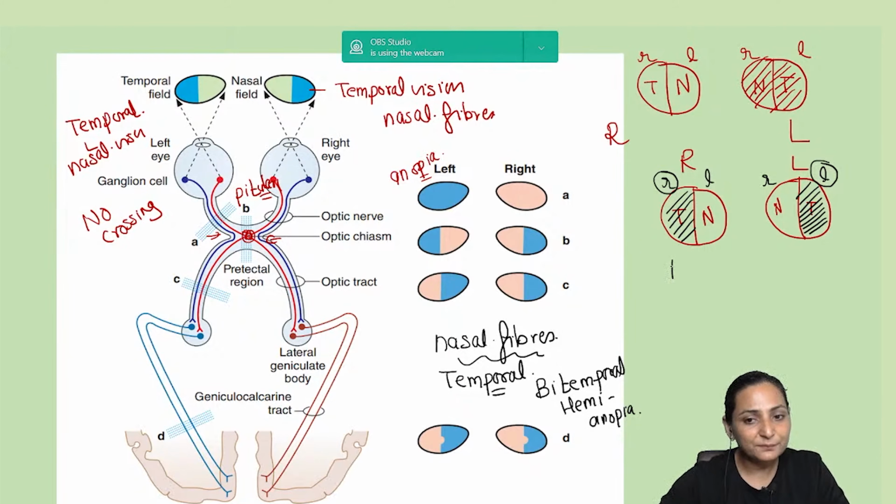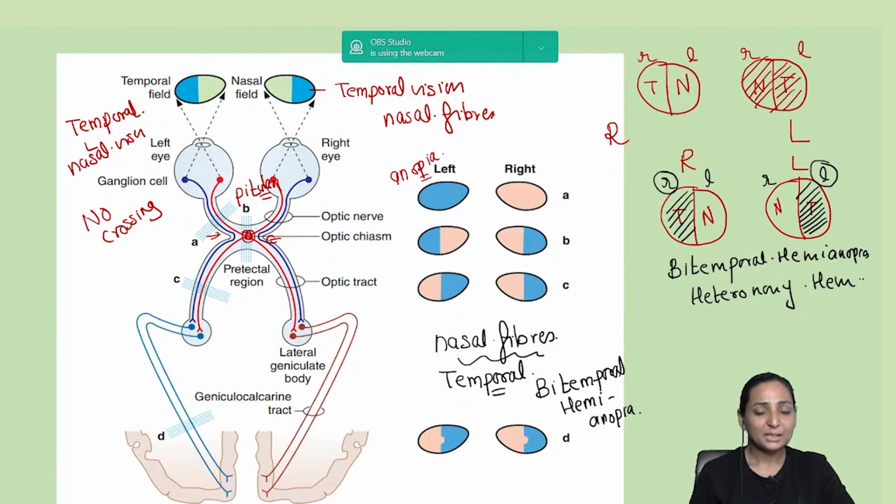That means though it is a bitemporal hemianopia, the sides are different: right side on one eye, left side on another eye. This becomes a heteronymous hemianopia.